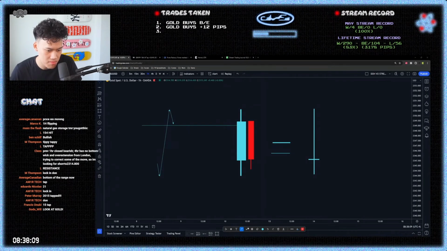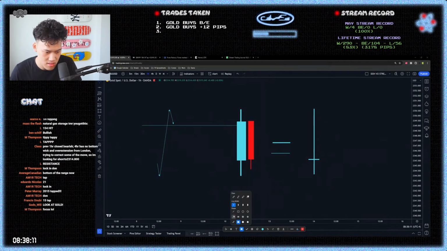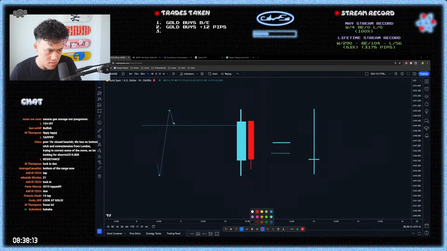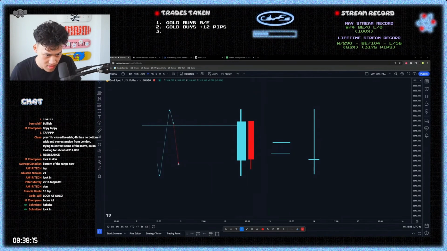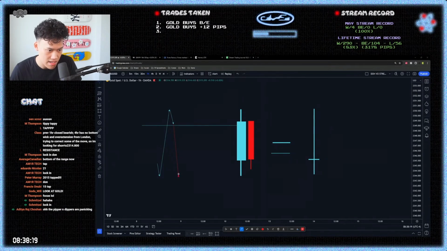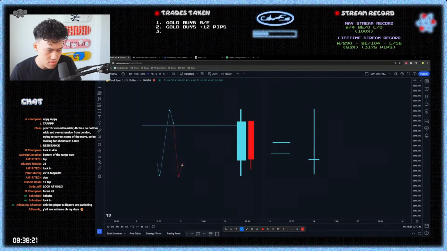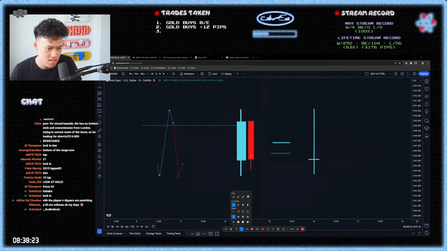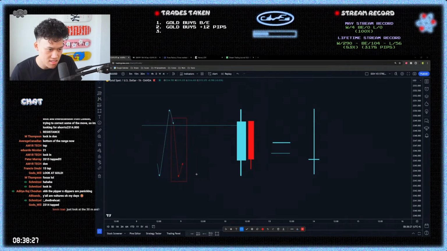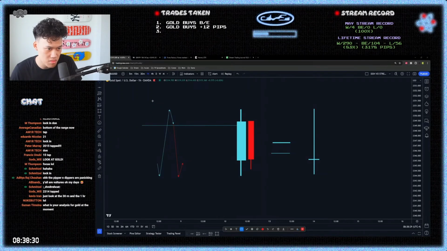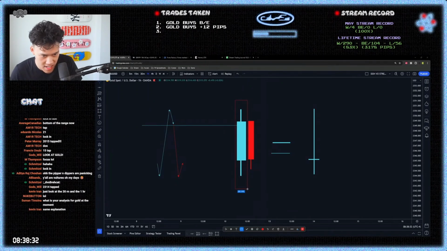The next candle opened up, and this is what it did. It continued down towards here, and then now it's like here, right? So overall, you see how the red side sums to this candle, whereas the blue side sums to this candle.